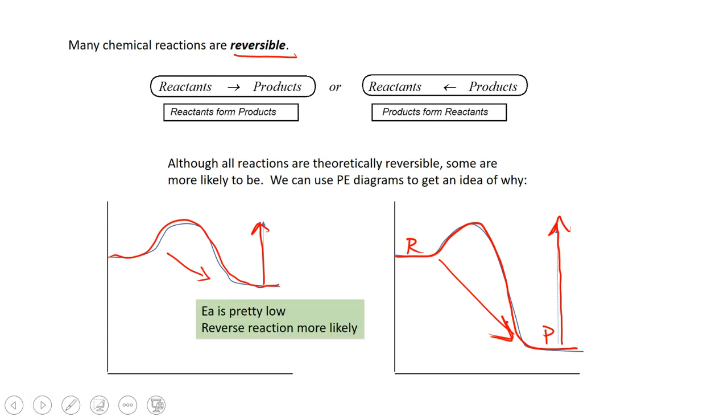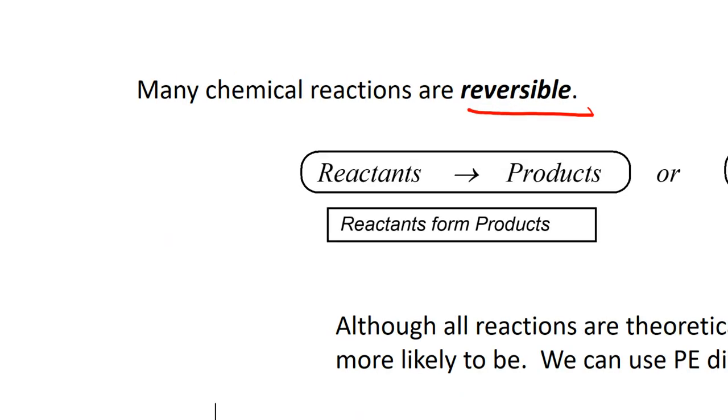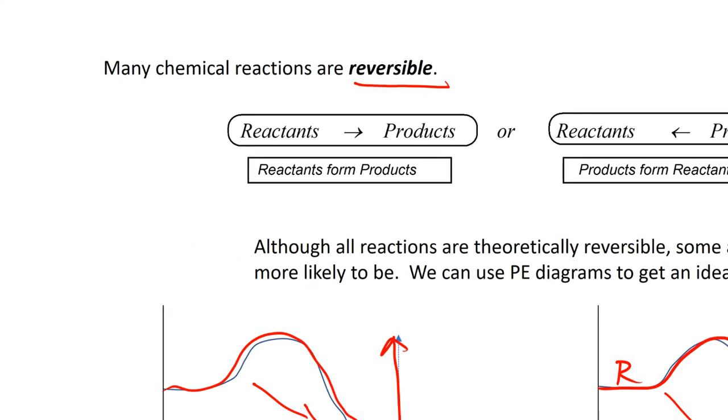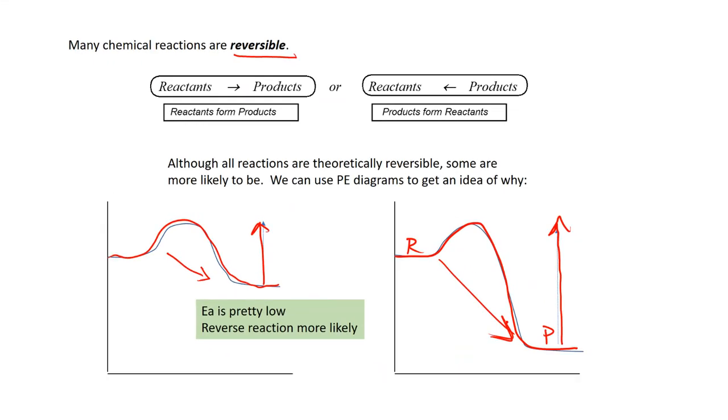So this activation energy is relatively low. Okay, might still be a decent amount. So that reverse reaction is, at least comparing the two, much more likely. And the one on the right, that activation energy barrier is significantly higher. So that reverse reaction is certainly less likely to occur there because it needs so much more energy.